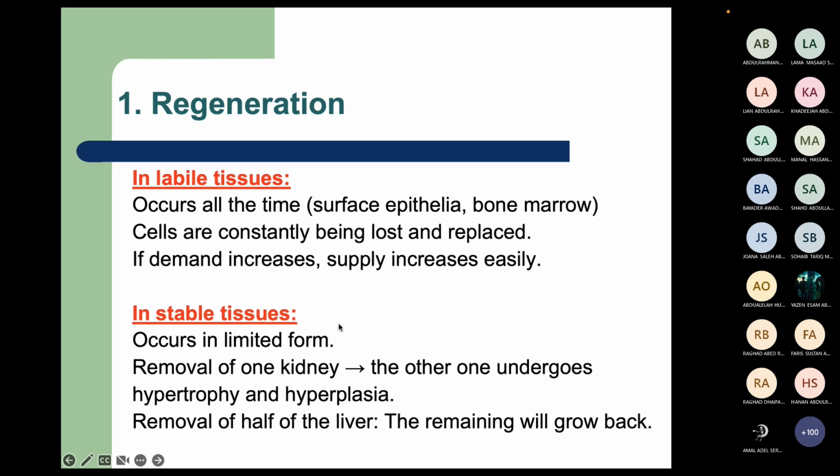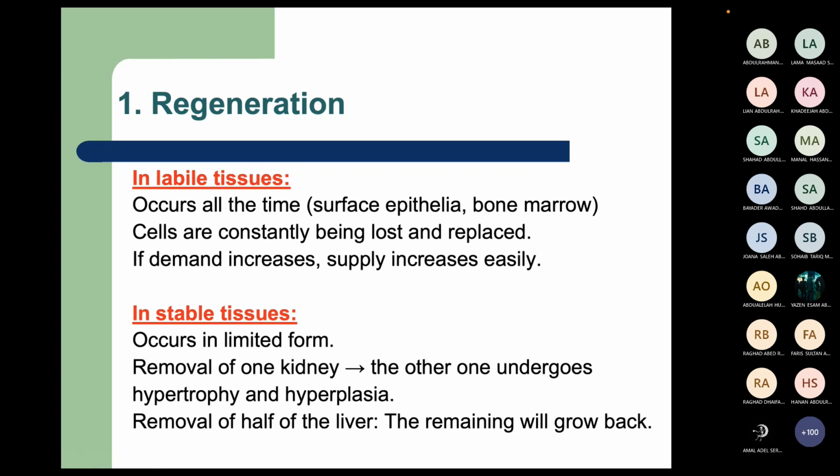A very good example is kidney transplantation and kidney donation. Some person gets failure of both kidneys, then their relatives, the son or the nephew or the niece, donate their kidneys. If they give one kidney, the other kidney will undergo hypertrophy and hyperplasia. Normally it's not dividing. Both kidneys are there, no division.